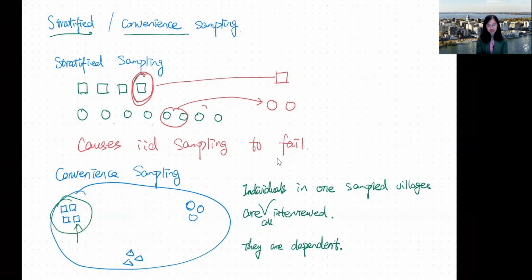Convenience sampling also breaks the random sampling assumption. It causes IID to fail because the individuals that are surveyed in the same village are dependent. And because they are dependent, this sample fails the IID assumption.